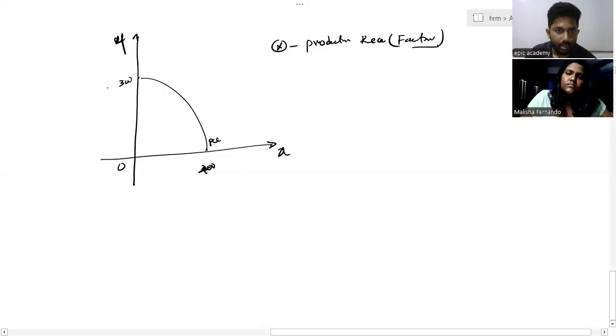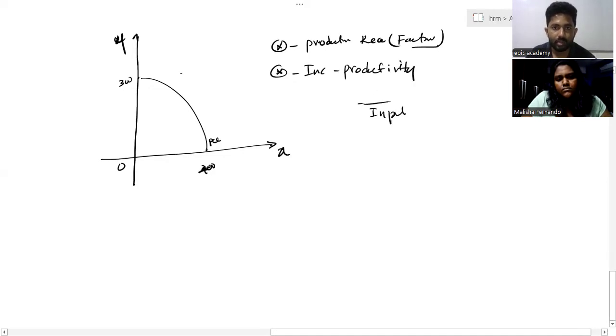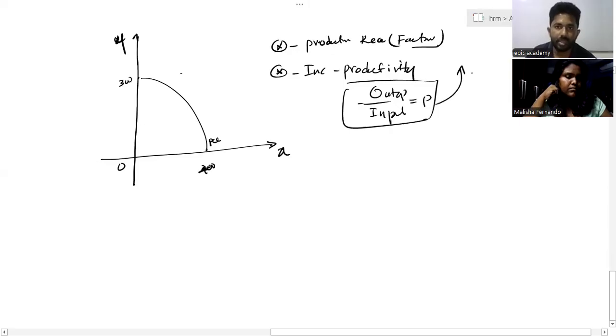And the second one is to increase the productivity. I mean, the ratio between input and output. If we can increase the productivity, we can produce more and more commodities.